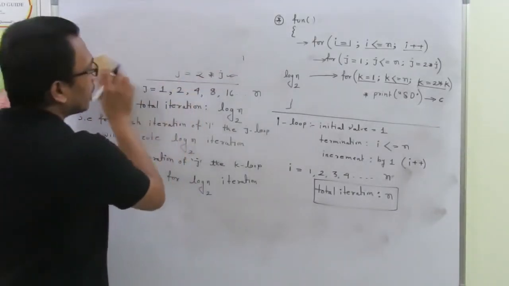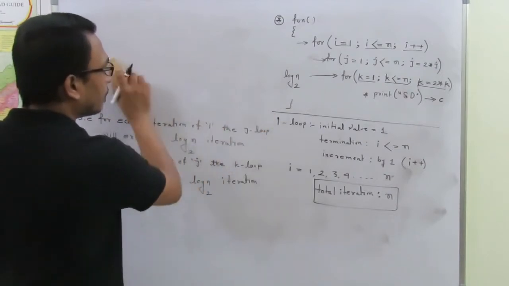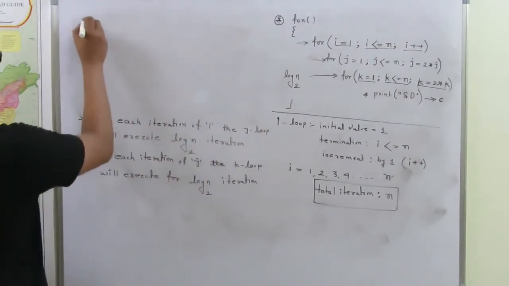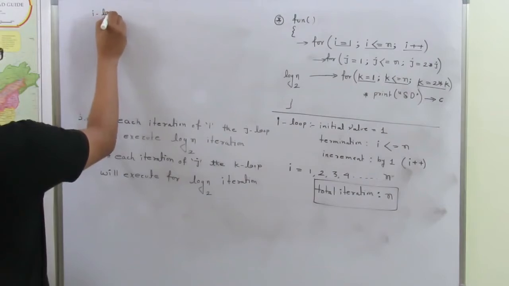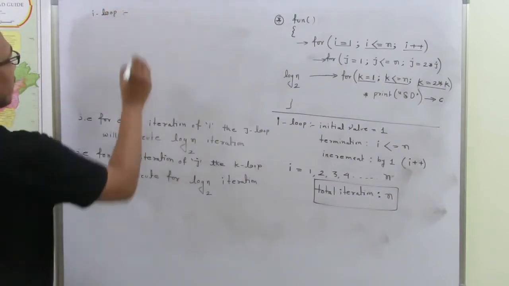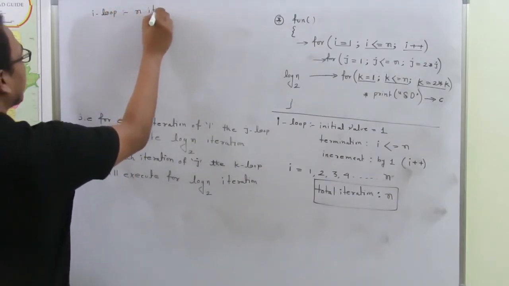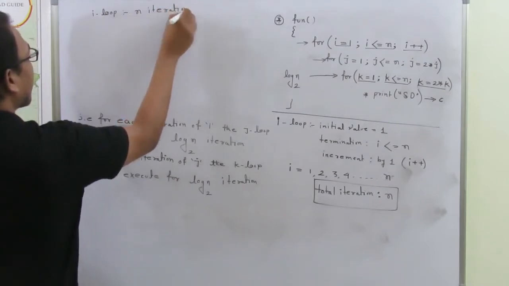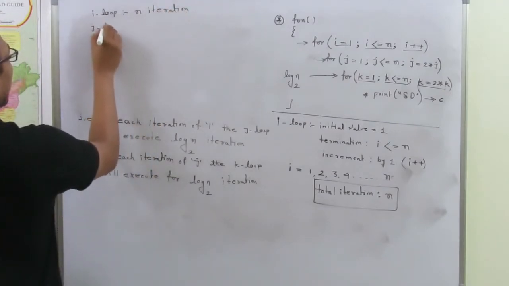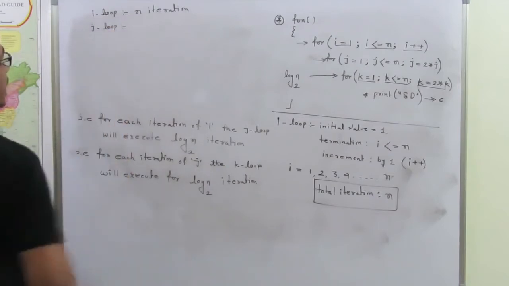Now look here, the i loop, how many iterations are there? n iterations. Then the j loop, how many iterations is there?